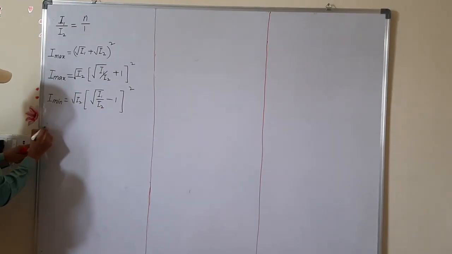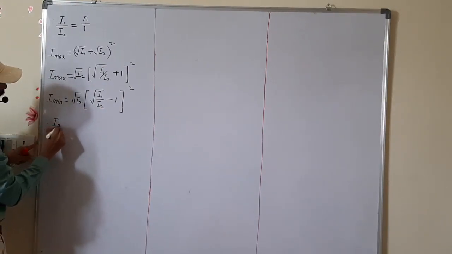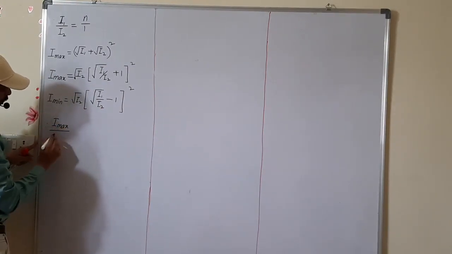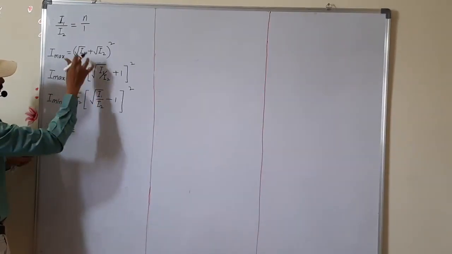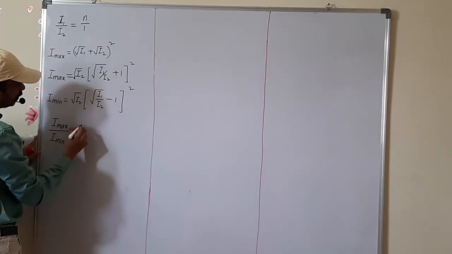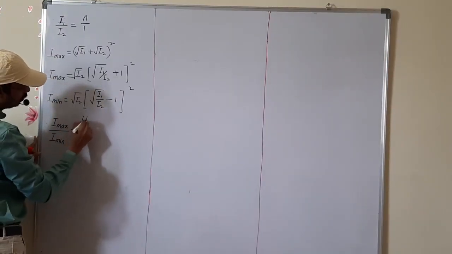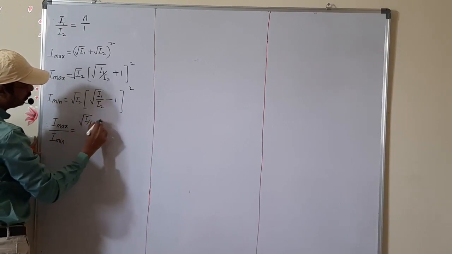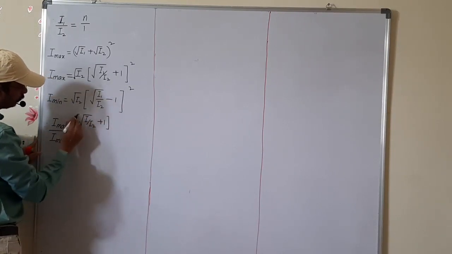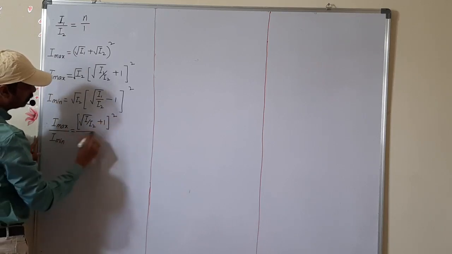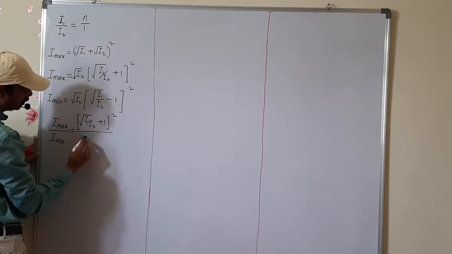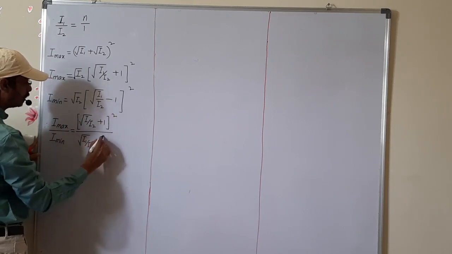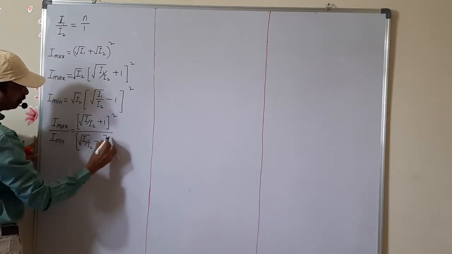If I take the ratio of these two, I max upon I minimum, these two will cancel. The time of what we have to write it? The root I1 upon I2 plus 1 whole square upon the root I1 upon I2 minus 1 whole square.